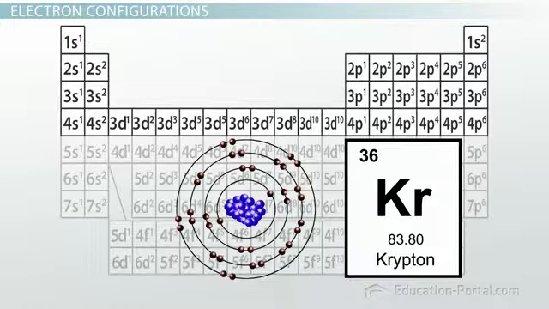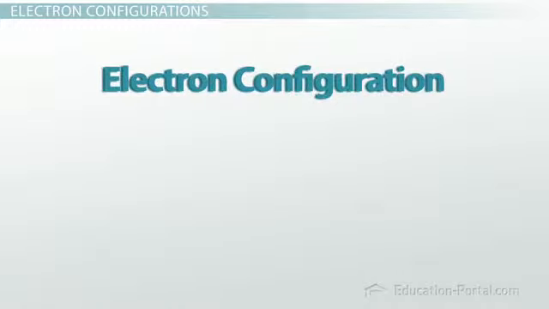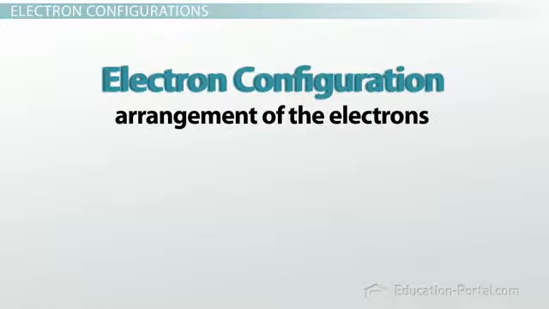Listing all of these out may seem a little tedious, so we are going to use a little bit of shorthand. This shorthand has a special name called an electron configuration. A configuration is just an arrangement, so basically we are listing the arrangement of the electrons in each atom.